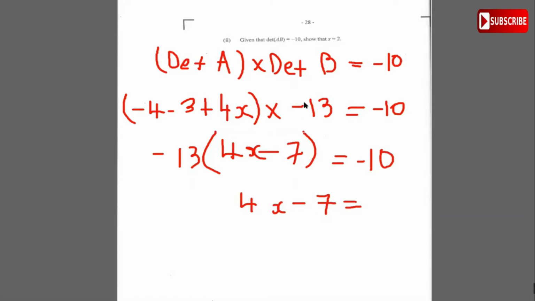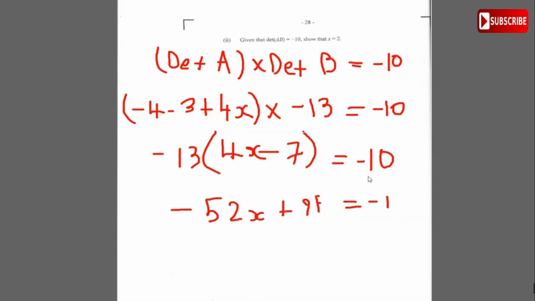If I were to expand it in, let's just expand it in. That would be minus 52x. Then minus 13 times 7, I think that's 91. That's plus 91. And that's equal to negative 10.